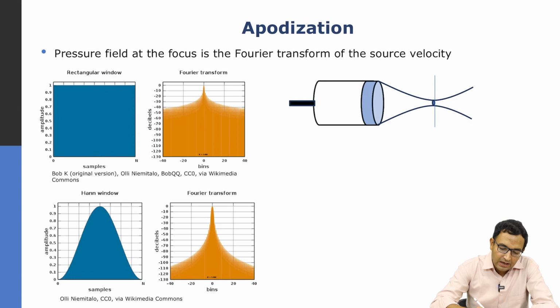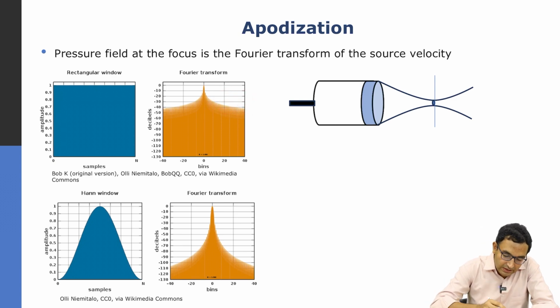So essentially this is now an array transducer, and I have applied a profile of amplitude in such a way that the center element gets the maximum amplitude and the side elements get lower amplitudes. Then I will see the Fourier transform here, where you still see some side lobes, but they are very significantly reduced compared to the first example.